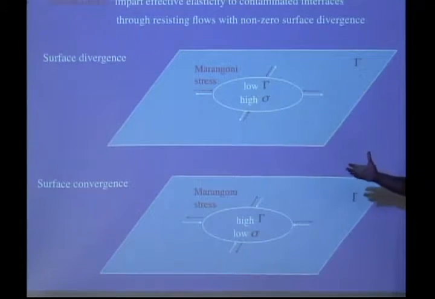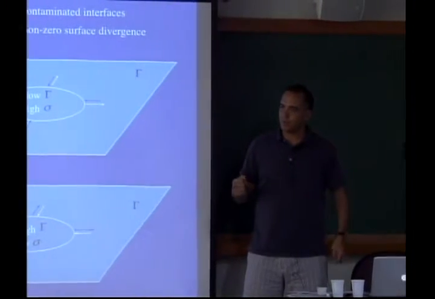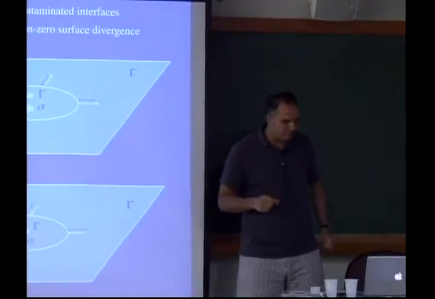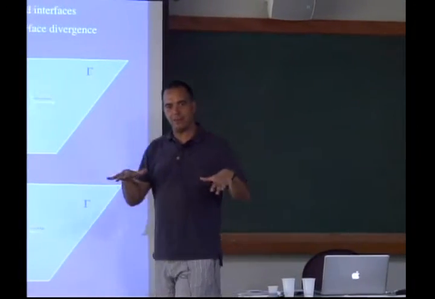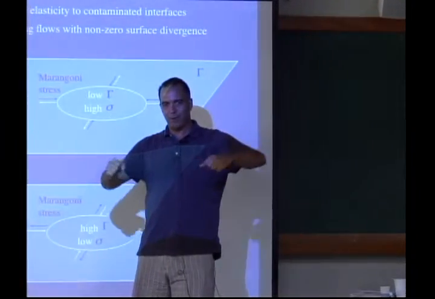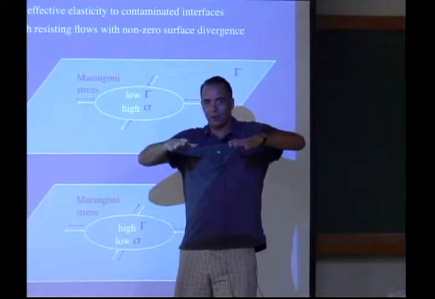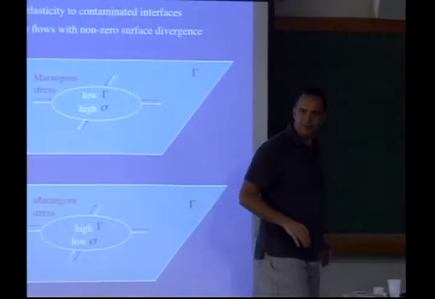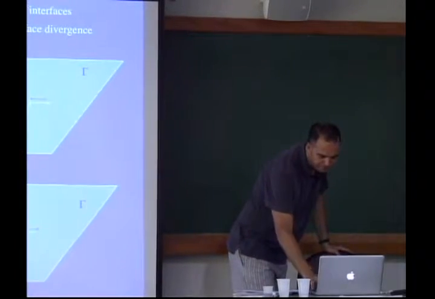So the surfactant acts always to resist motions with non-zero surface divergence, whether it's positive or negative. And so this interface then behaves like an elastic, right? So we know if you have a balloon, there's a resistance to expanding the balloon, compressing the balloon, right? It wants to keep the tension uniform everywhere.